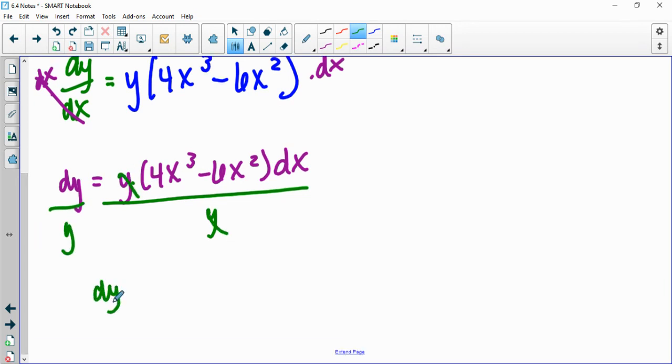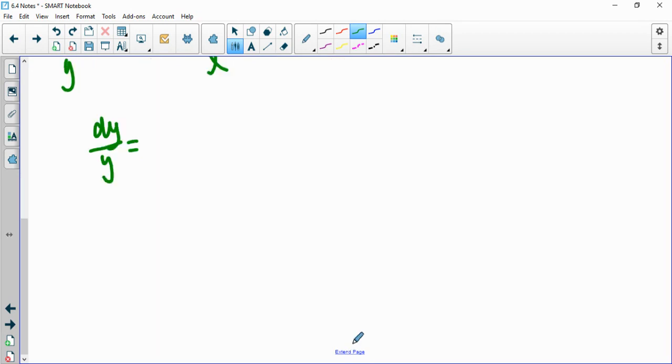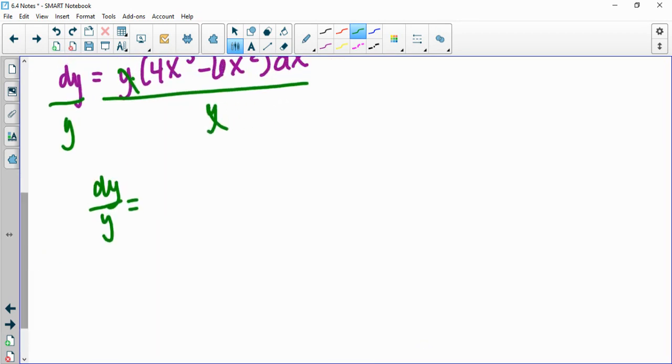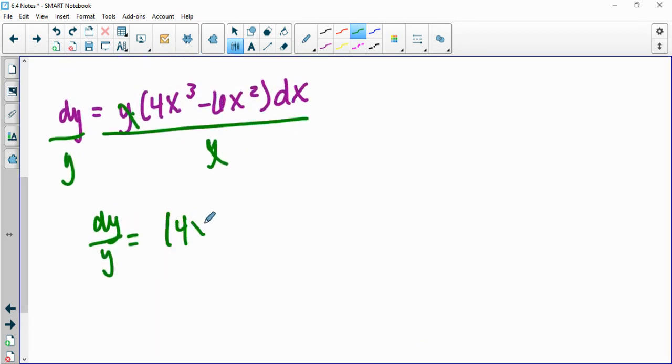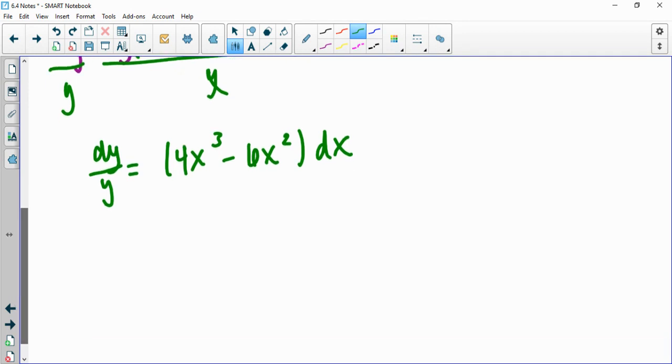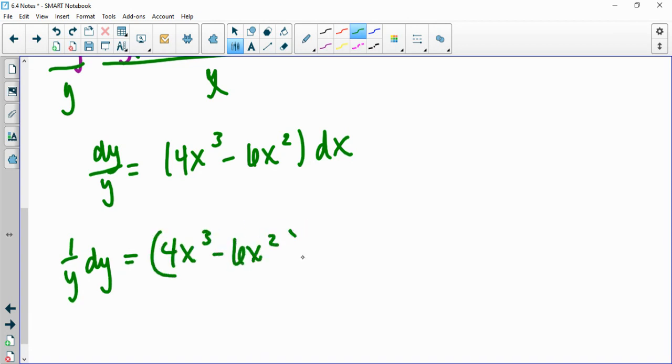So we have dy over y equals 4x cubed minus 6x squared dx. And I'm going to rewrite this left side as 1 over y dy. And now we can do the integral of both sides.